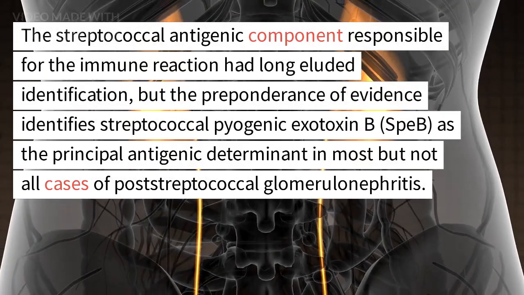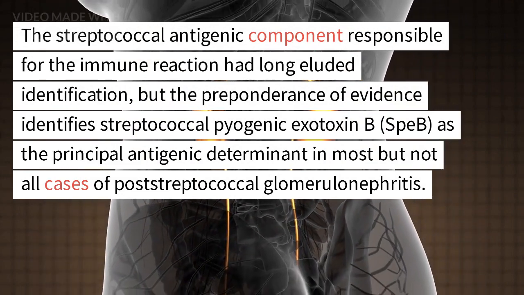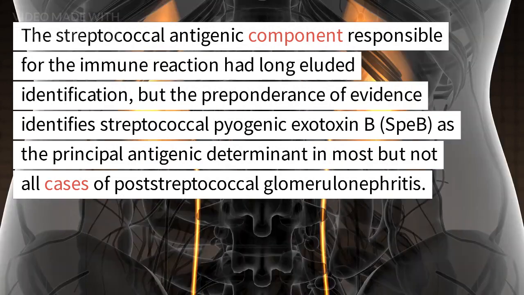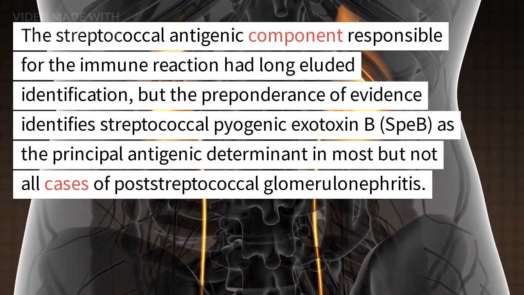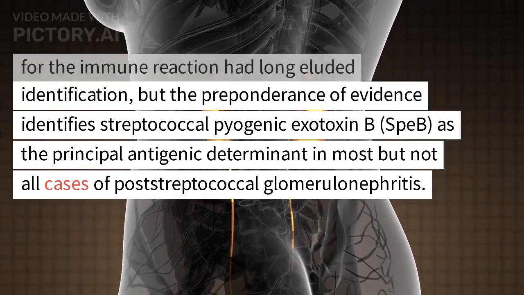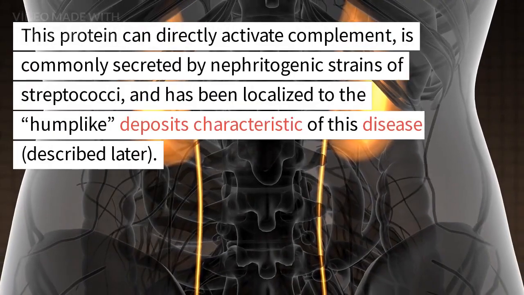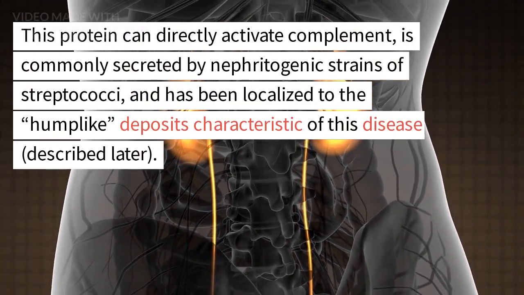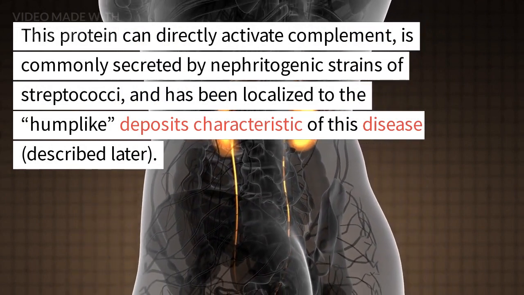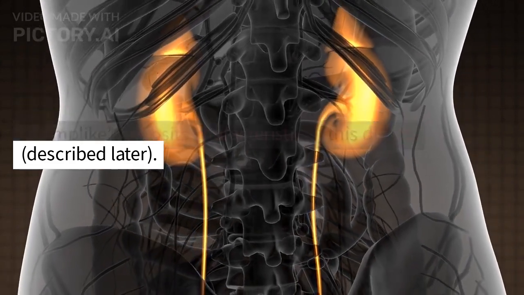The streptococcal antigenic component responsible for the immune reaction had long eluded identification, but the preponderance of evidence identifies streptococcal pyogenic exotoxin B, SpeB, as the principal antigenic determinant in most but not all cases of post-streptococcal glomerulonephritis. This protein can directly activate complement, is commonly secreted by nephritogenic strains of streptococci, and has been localized to the hump-like deposits characteristic of this disease, described later.